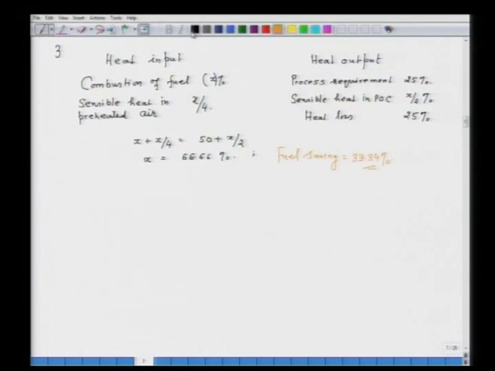So, now the problem asks what is the revised heat balance. So, let us put it: the revised heat balance, say now input and here is output.